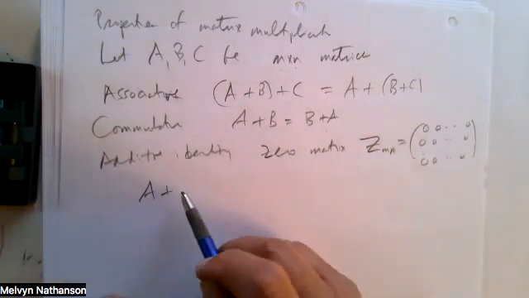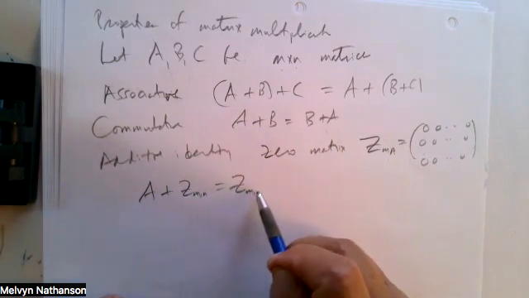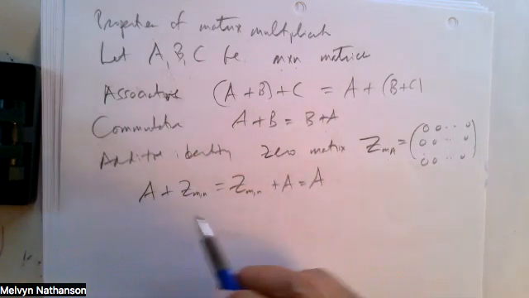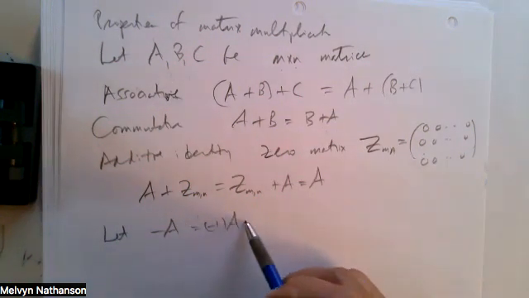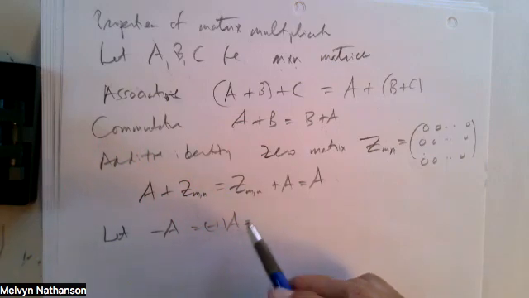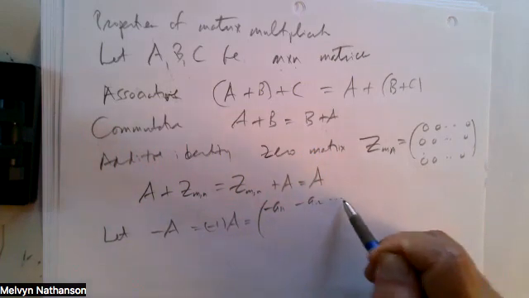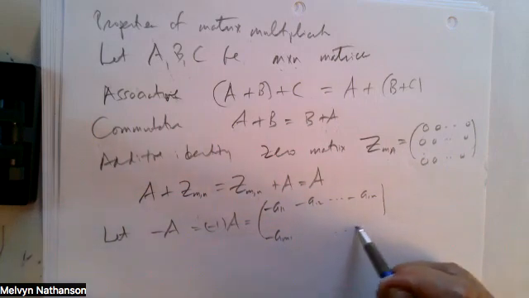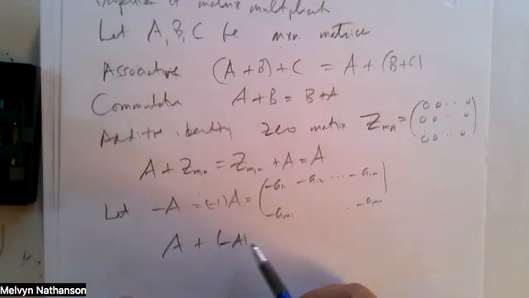And A plus the zero matrix, or the zero matrix plus A, just gives you back A. And if you take minus A, or minus 1 times A, that's the matrix where you multiply every entry by minus 1: minus A11, minus A12, minus A1n, and so forth. If you add A and this minus A, you always get the zero matrix.